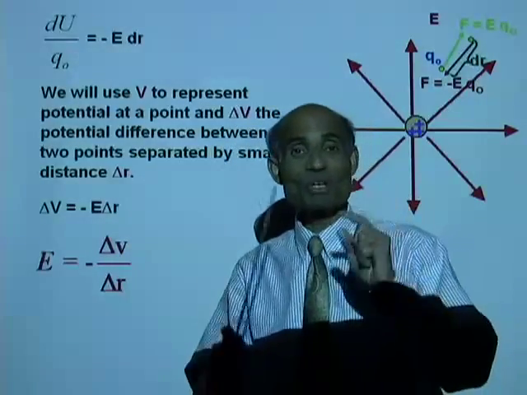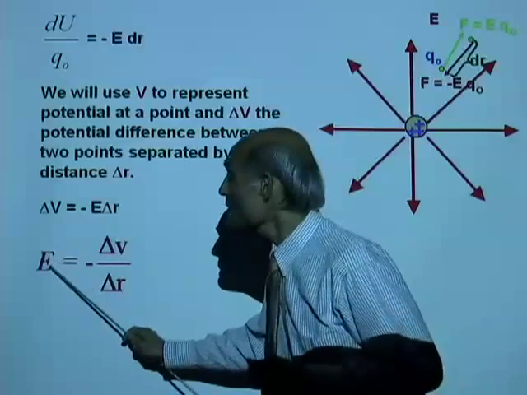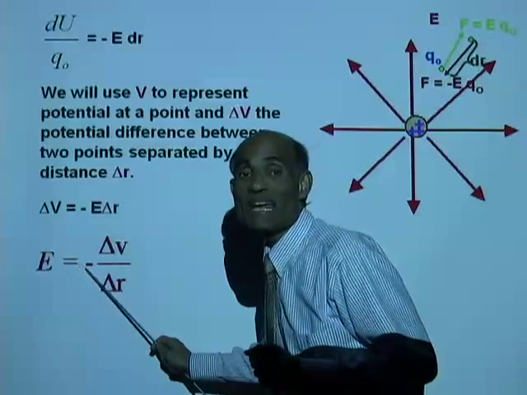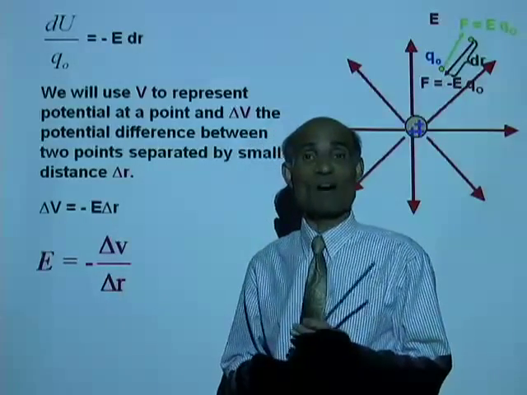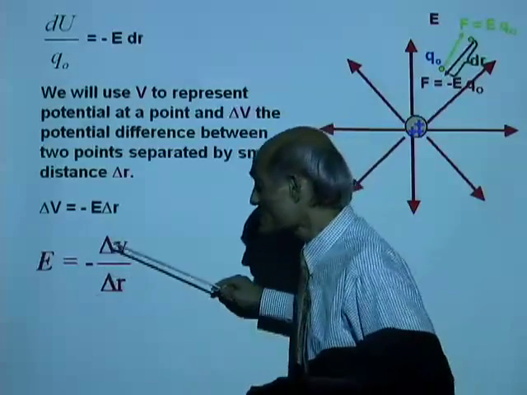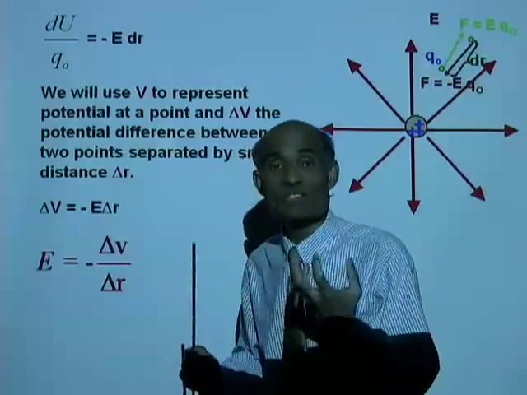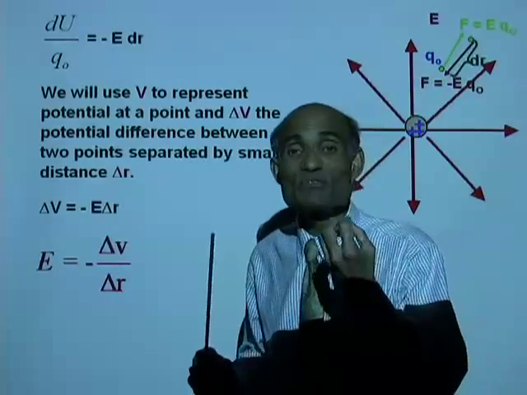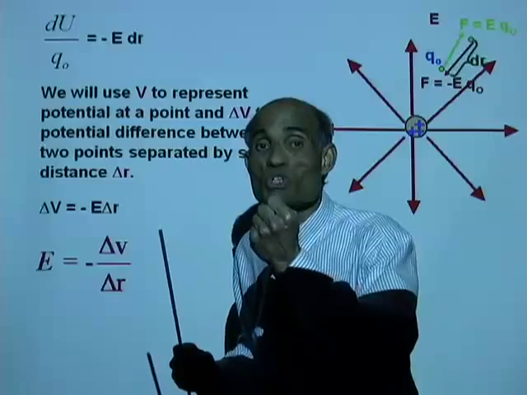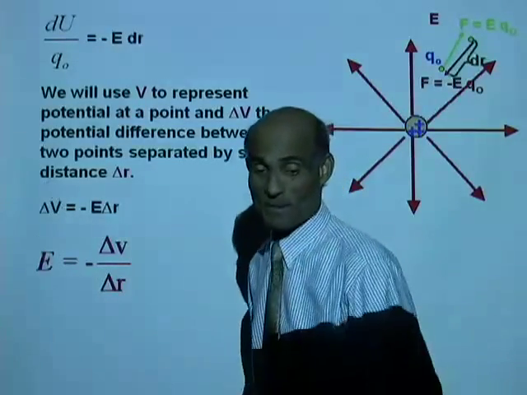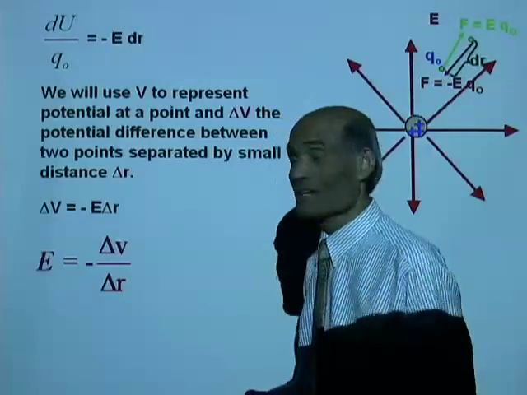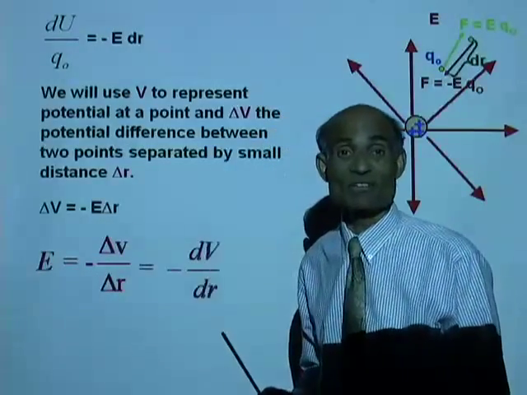A very important concept again. E, the electric field, is negative of delta V divided by delta r. What does delta V divided by delta r define? It is the rate at which the potential changes with distance. You see that? In other words, we can actually write this using calculus.